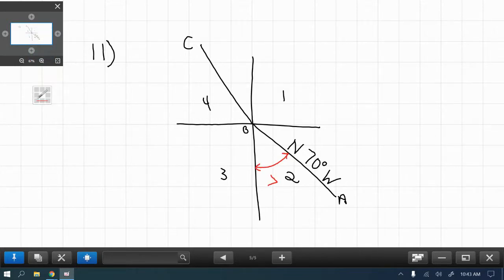So what that's telling me is that that is 70 degrees right there.